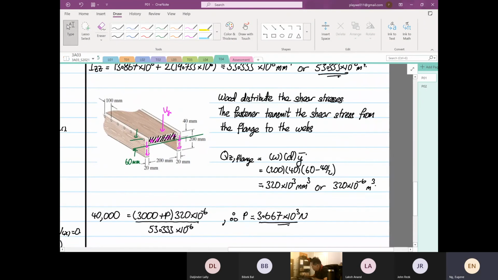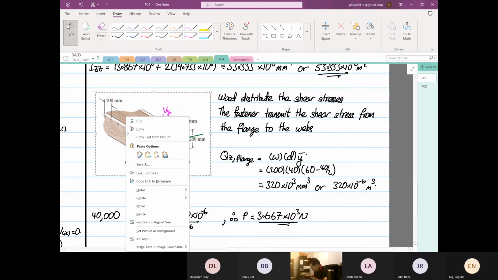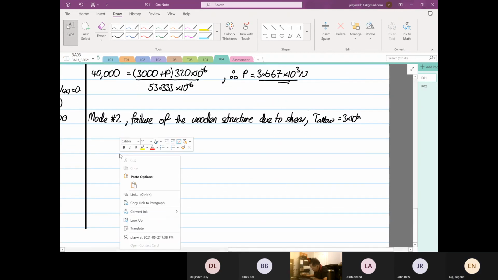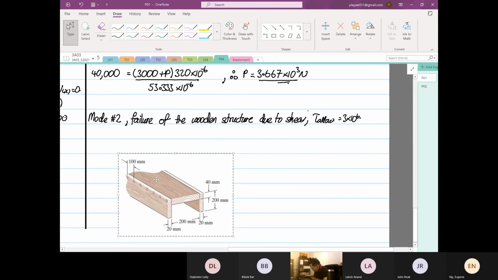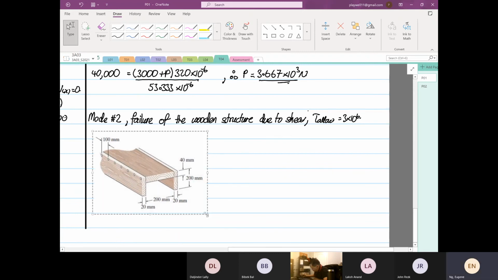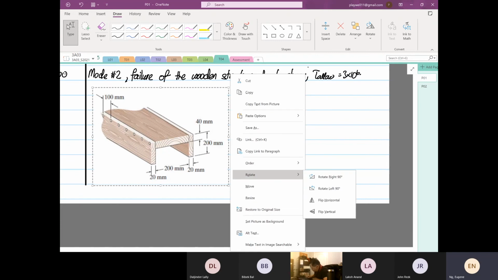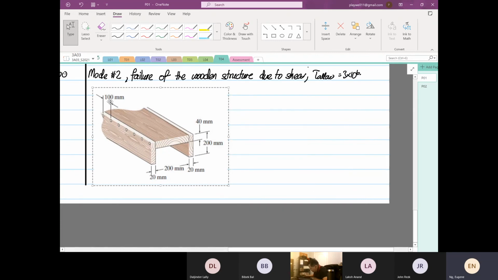Right. So we know, I'm going to copy this diagram again. We know that the maximum shear, oh, we ran out of page. It's okay. Is at the centroid. Right.